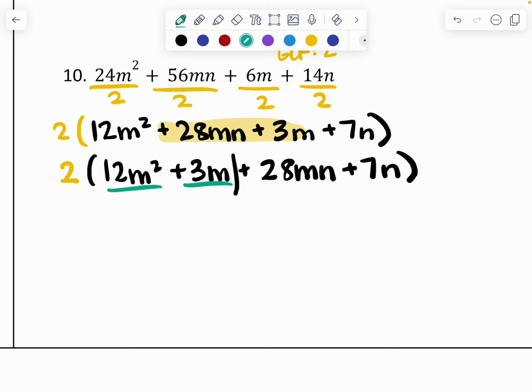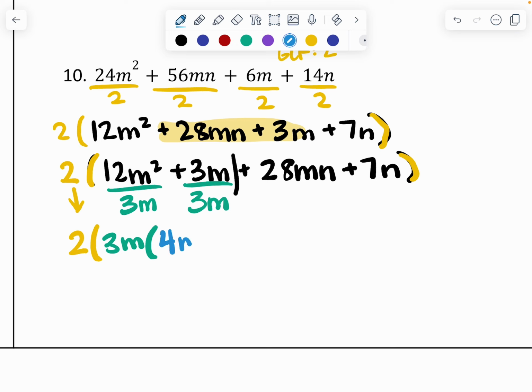12 and 3, the greatest common factor is 3, and then the lower exponent is 1 for m. So 2, and then we have 3m factored out. 12m squared divided by 3m is 4m. And then 3m divided by 3m, they both cancel out, so that's plus 1.